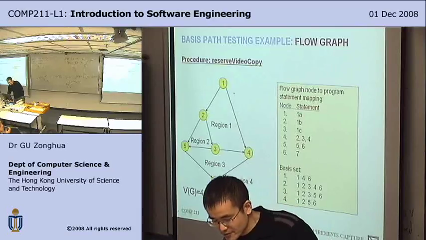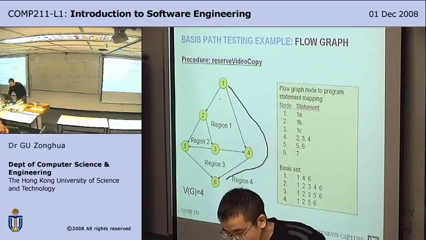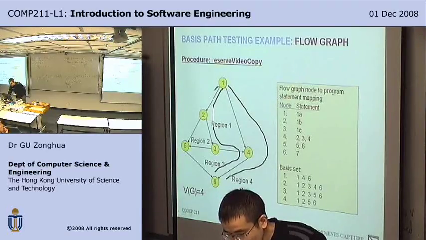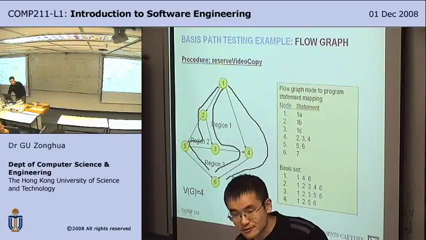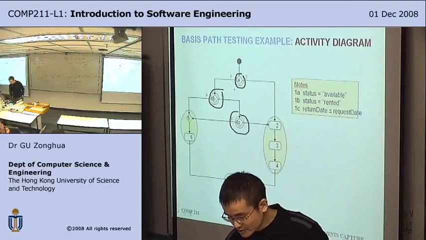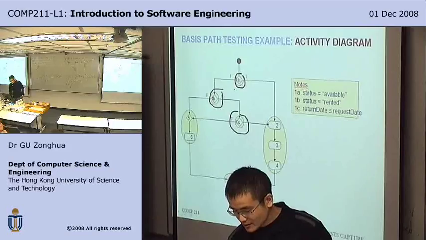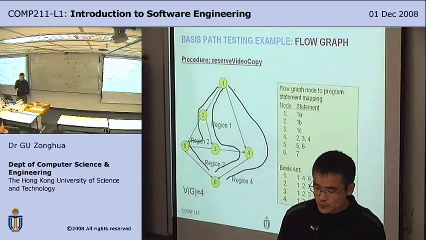So here you have the basis set: this is 1, 1, 2. This is 1, 1, 2, 3, 5, 6. No, this is 4, because you have decision nodes and you need to traverse both branches of the decision.